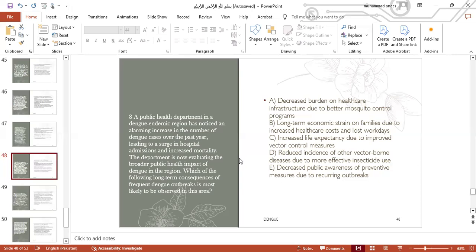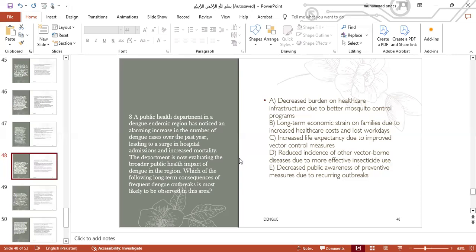Which of the following long-term consequences of frequent dengue outbreaks is most likely to be observed in this area? A, decreased burden on healthcare infrastructure due to better mosquito control programs. B, long-term economic strain on families due to increased healthcare costs and lost workdays. C, increased life expectancy due to improved vector control measures. D, reduced incidence of other vector-borne diseases due to more effective insecticide use.